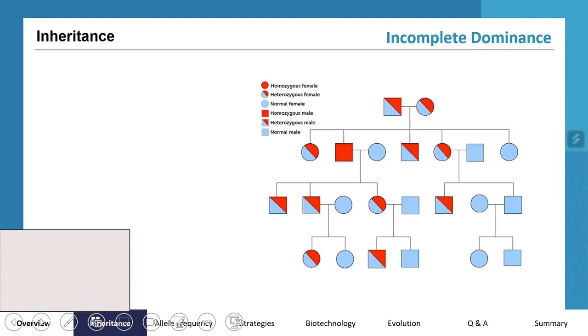We're going to talk a little bit now about things that are called multiple allele inheritance. In some traits, there are multiple dominant alleles.